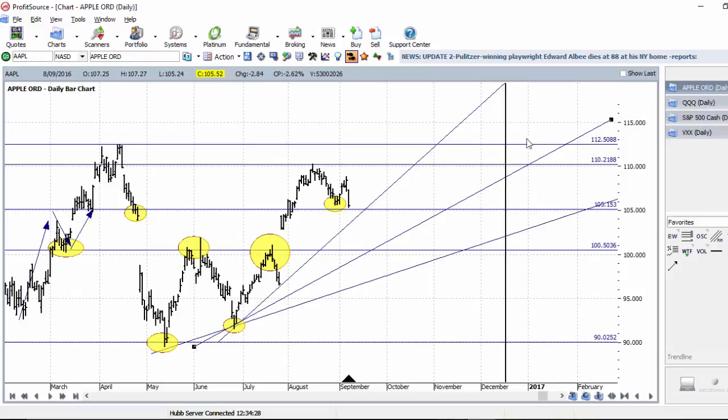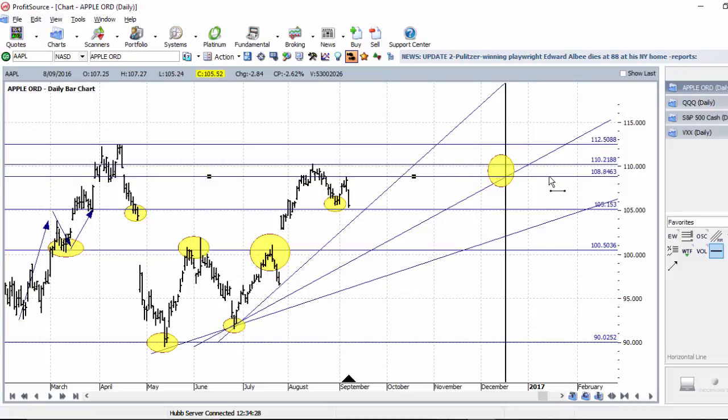We're saying somewhere around 110. If you look at this particular line, it's coming in around this 110 area. The reason I say 110 is because where that December expiry timeline intersects with that projected trend, it's around 108.